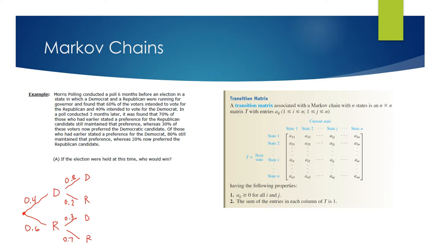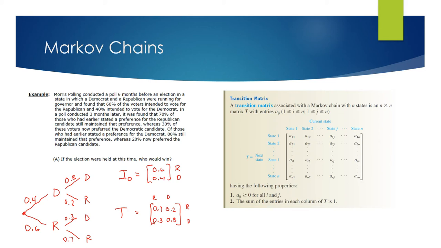So when I set up my current state, I'm going to set up a 2x1 matrix, which is 0.6, 0.4, with the percentage of Republicans on top and the percentage of Democrats on the bottom.